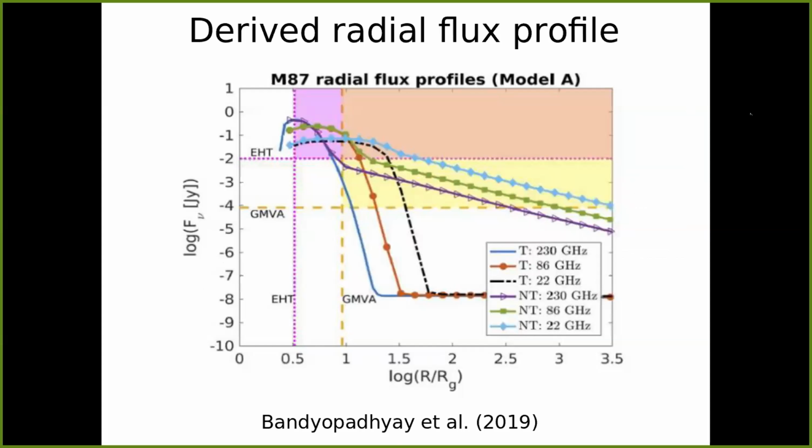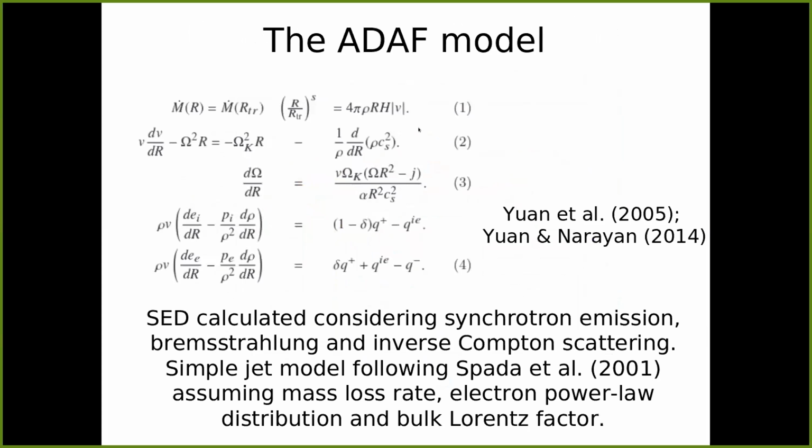We did not include strong GR effects in this case. This was more of a steady state model and not a fully 3D model. So I want to clarify that we did not include all strong GR effects in this case. Yeah, that's true. If we go back, I didn't show the equations for gravity here, but I think it's an effective Schwarzschild potential that is being used.